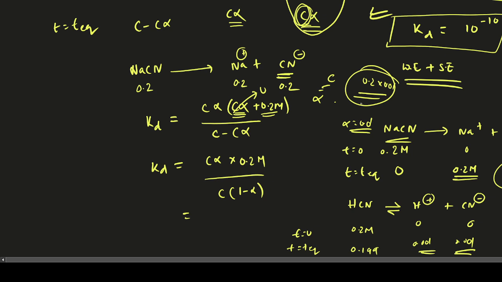So we can take it as 1. The remaining is C alpha into 0.2 molar by C, so this C cancels.